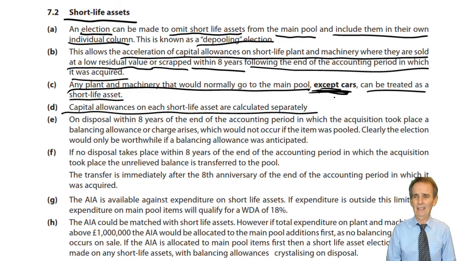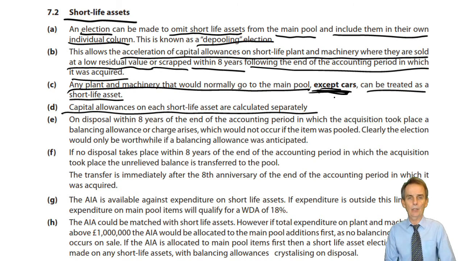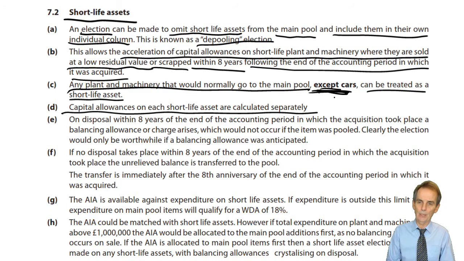And what would happen is that the residue of that expenditure would remain unrelieved within the pool for you to pick away at year after year after year, 18% per annum on a reducing balance basis. This system, by making this election, allows you to collect all of your available allowances within the lifetime of ownership. At that point of sale, you'll be fully compensated for then the net cost that you have incurred.